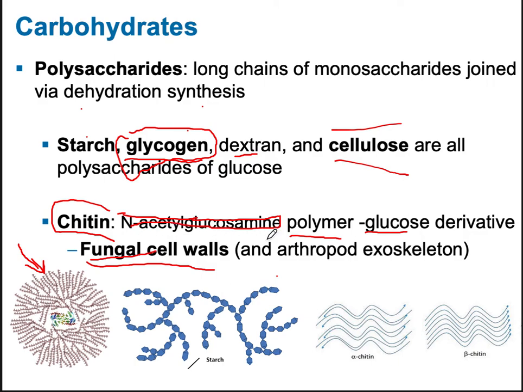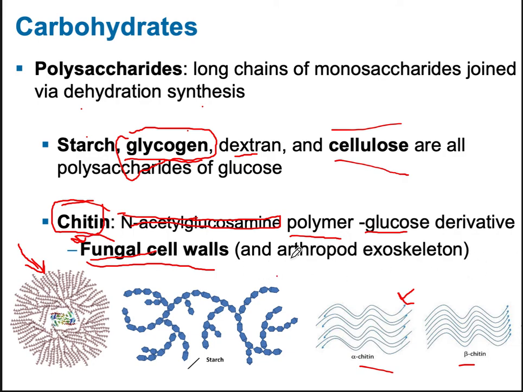It's been modified to be this compound here called acetylglucosamine, and you get lots and lots of that repeating unit, and you get this chitin. And there's two types of chitin, kind of like a loose weave and a tight weave, and these will make up the chitin cell wall of fungal cell walls.